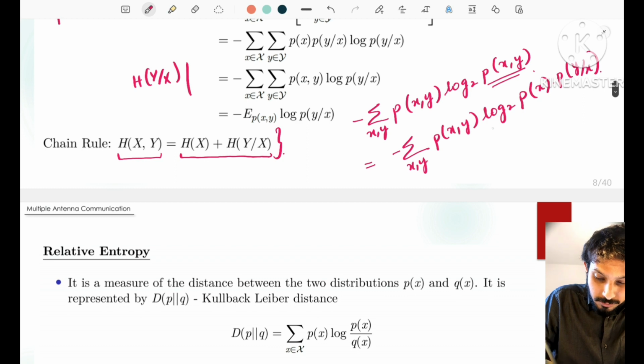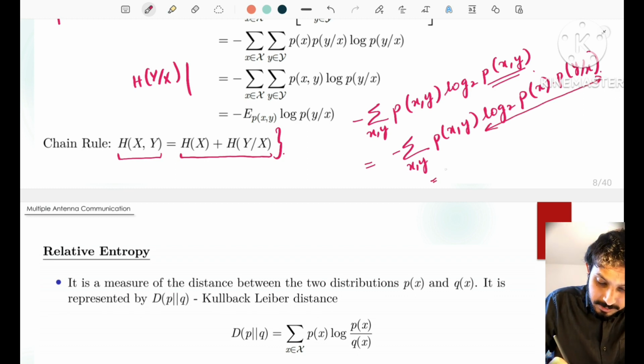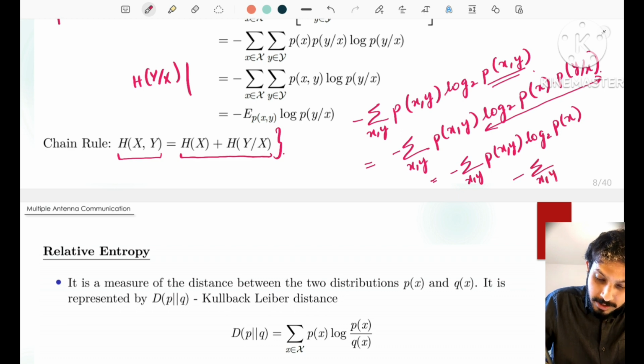And if we solve this for log, if we open this log term, what we get is minus summation over x comma y of p of x comma y log 2 of p of x, minus summation over x comma y of p of x comma y log 2 of p of y by x.